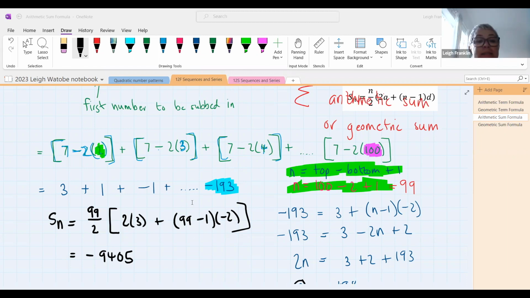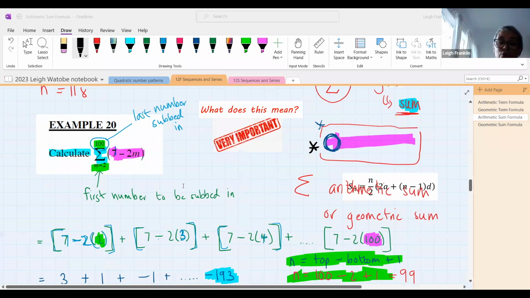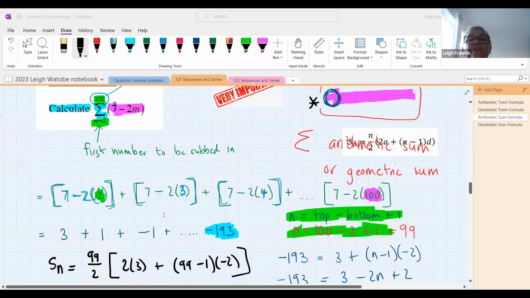We have to sub into the rule that we are given, which is in brackets behind the sigma symbol, in order to create the terms in the series. Once we've created them by substitution, we can work out what A is, what D is. We can say top minus bottom plus 1 to work out what N is, and then sub into our SN formula. That's the whole idea.